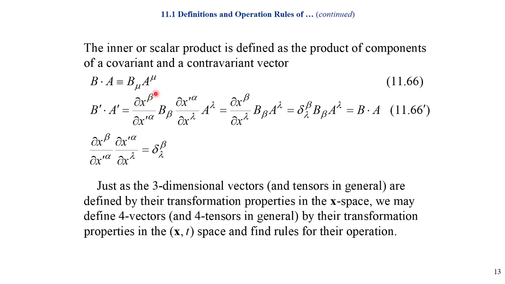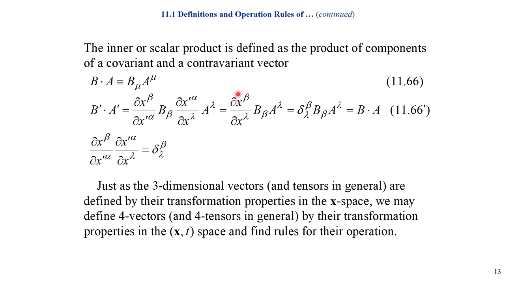But this is related to velocity only. It's a constant, so you can move this one and this one together. You can move to here, and partial x prime alpha, partial x prime alpha, are the same and cancel. So eventually you get partial x beta over partial x lambda.